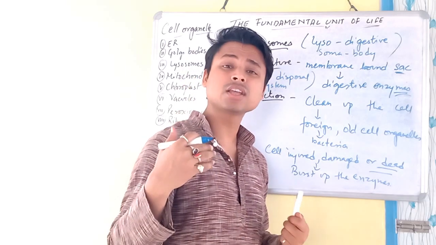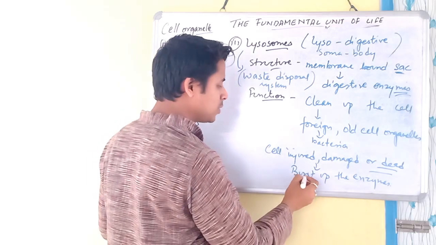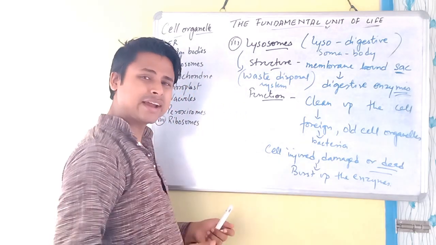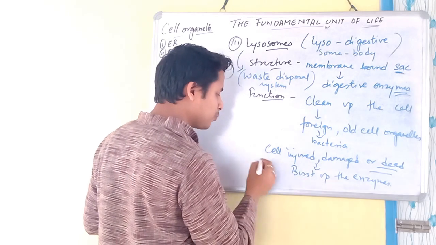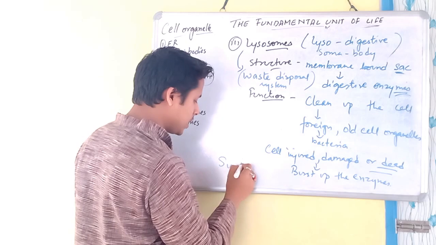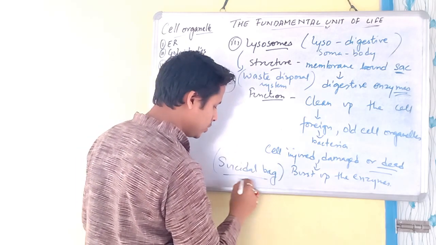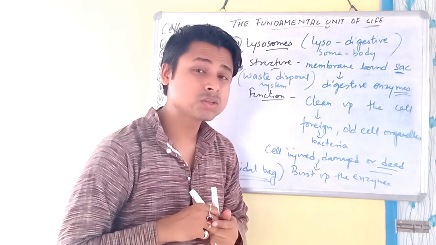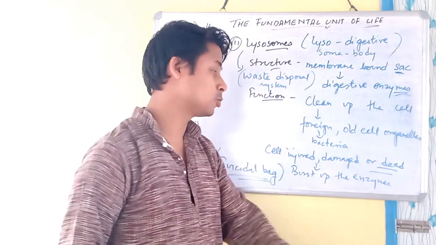Now it is for protection. It is a protective measure. Because of the bursting, everything gets destroyed. As it is destroying the whole cell, we call it the suicidal bag. So the lysosome is also known as the suicidal bag. Who is the suicidal bag of the cell? Lysosome, as it destroys the whole cell also.